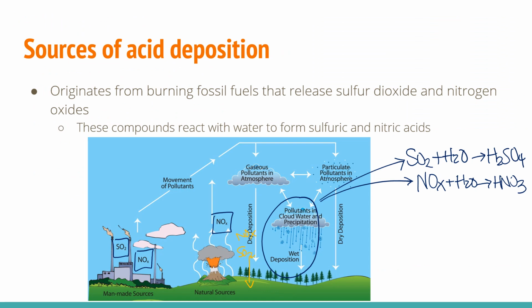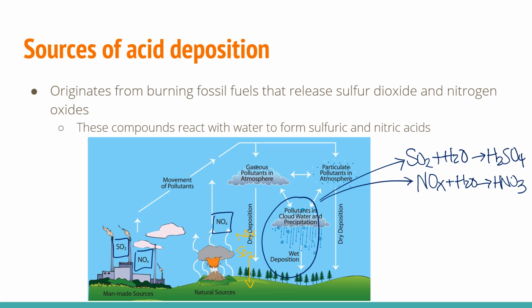Now with all the sources of acid deposition we talked about in the previous slide, wet deposition and dry deposition, these originate either from the burning of fossil fuels that release sulfur dioxide and nitrogen oxide, or from natural sources such as volcanoes. These substances are going to react with water to form either sulfuric acid or nitric acid, and I have the reaction picture there on the right.